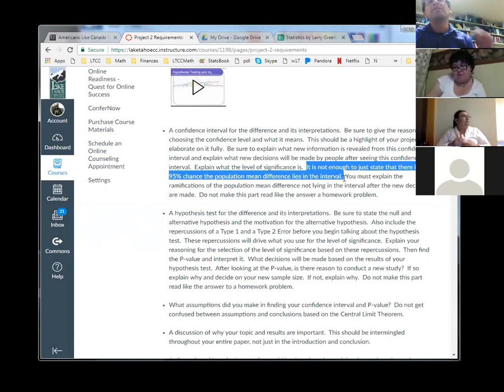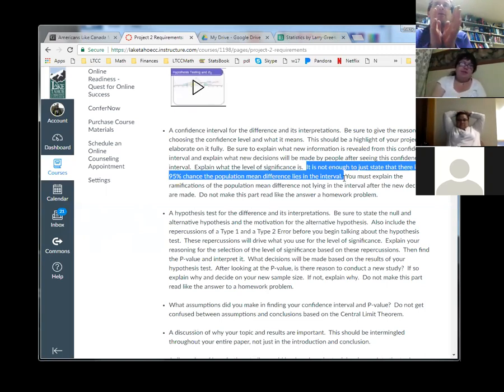That's how it looks on a homework problem, right? Or an assignment. Instead, go into why you care, whether that confidence level is the right confidence level. 95%, are you okay having a 5% chance of being wrong? Does that make sense? And are you okay with the width of the confidence interval?